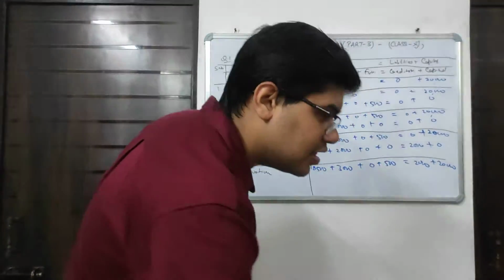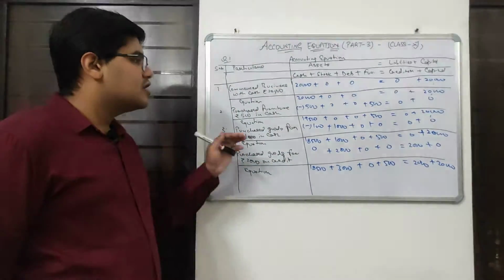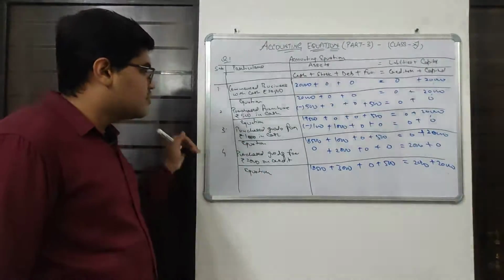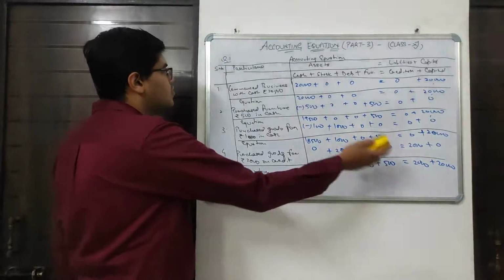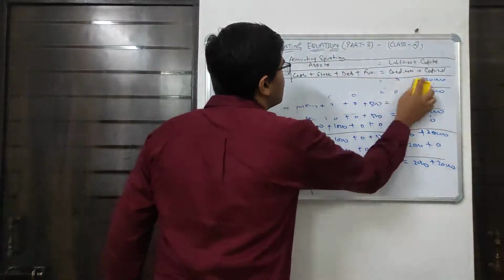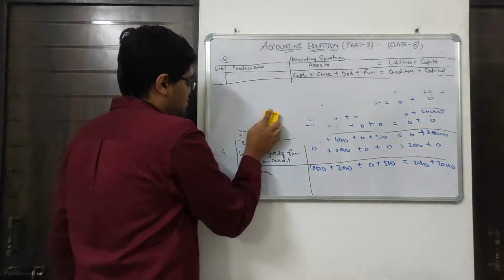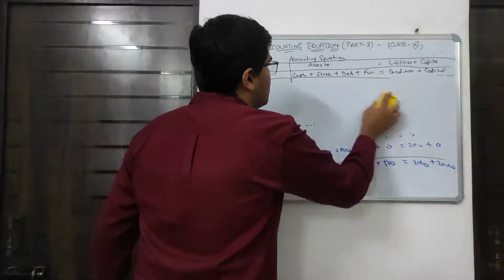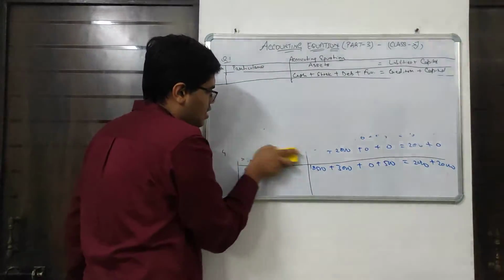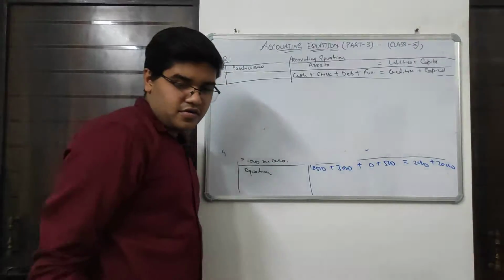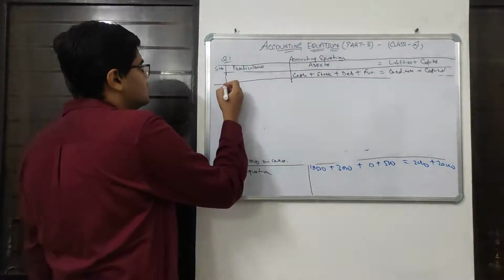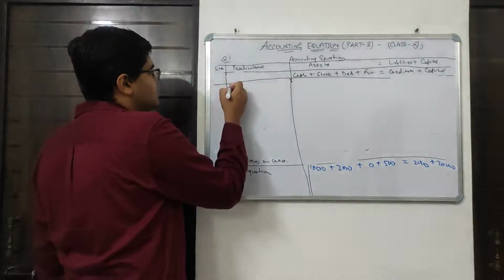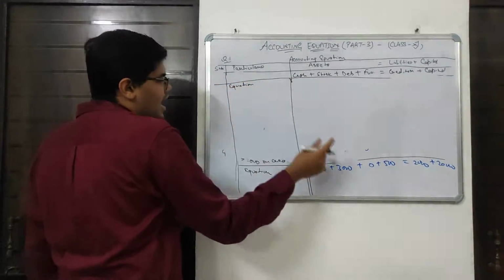Now moving on to the fifth transaction. But before that, remember one thing: when the space is not available here, you can carry your transactions to the next page. So you have to write here, above the equation, the carried equation.